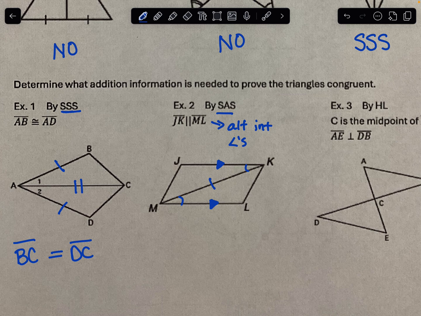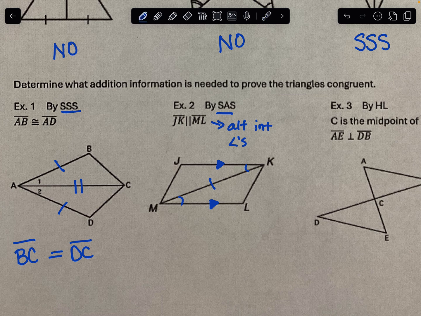So, if I want to use side, angle, side, can anyone tell me now what side I need left to prove that? Angle J and angle L. Well, I already know this angle, and I already know this side. It's JM. Okay. I disagree. Can you take K and M? Why?